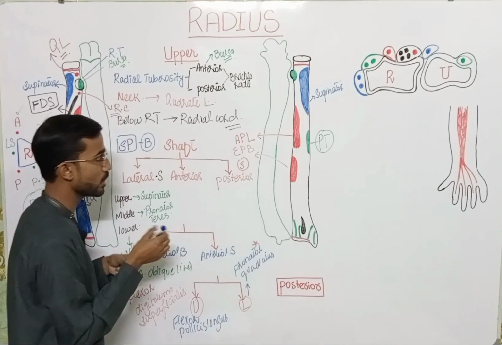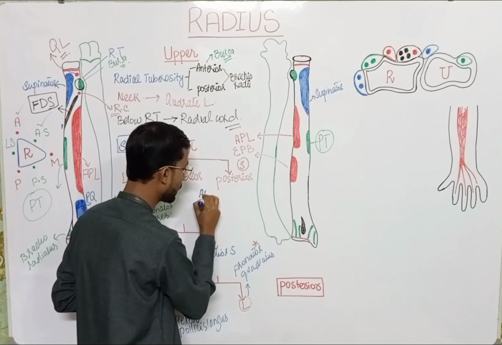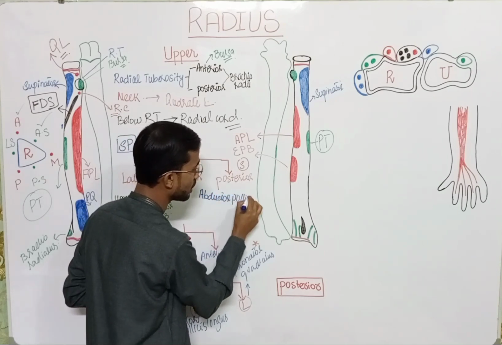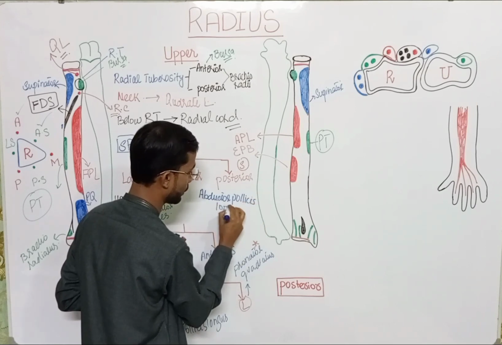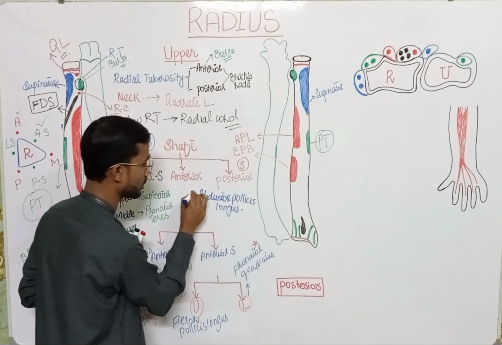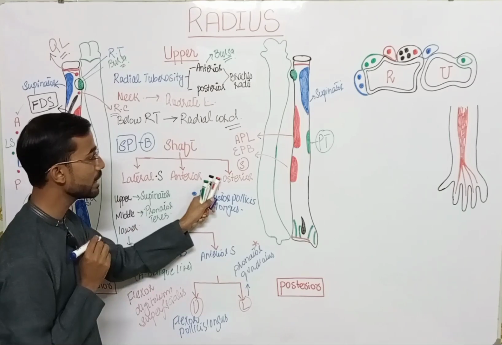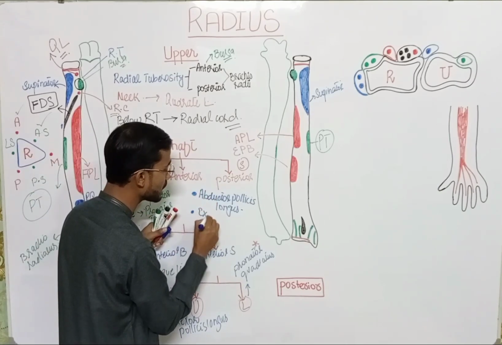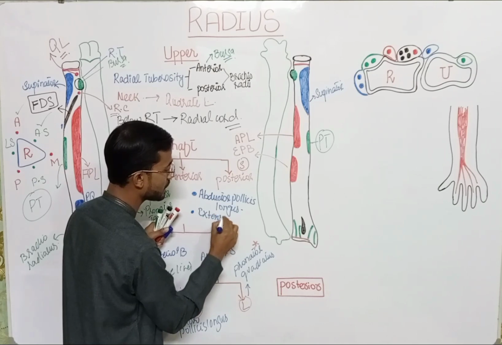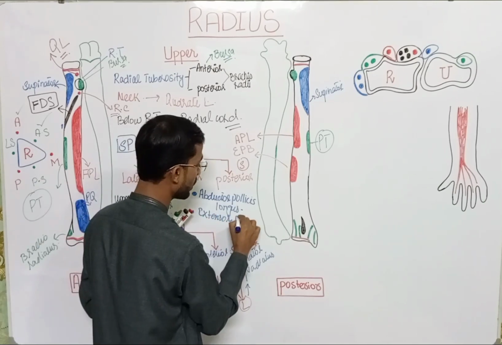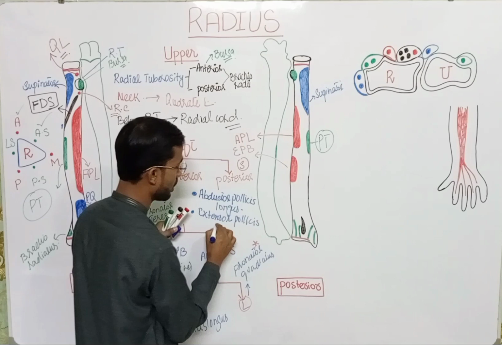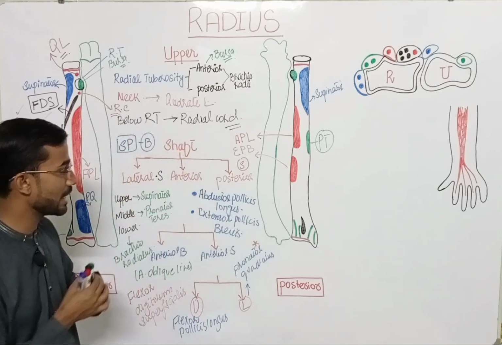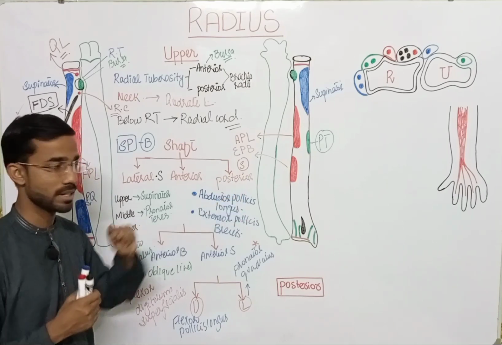So two muscles you will see. Abductor pollicis longus muscle is the first attachment at the posterior surface. Okay. Second, the extensor pollicis brevis muscle is also attached to the posterior surface.